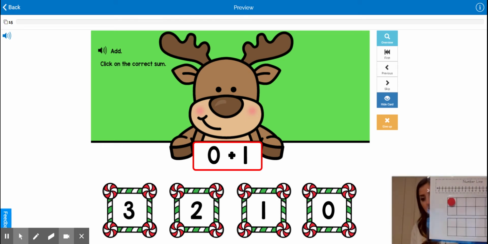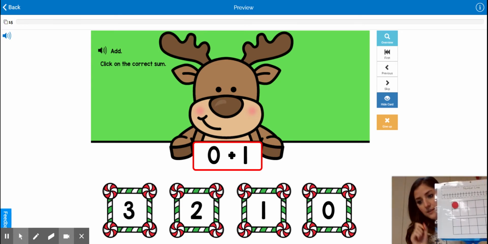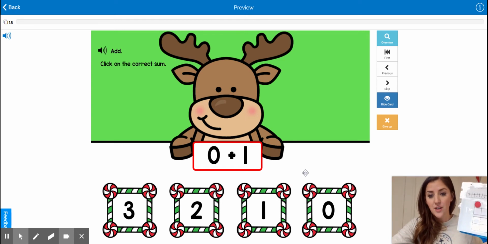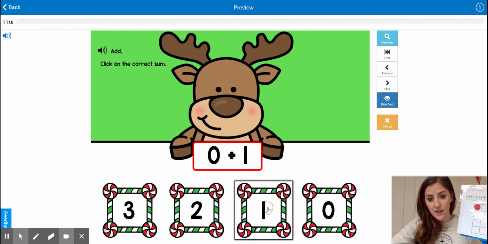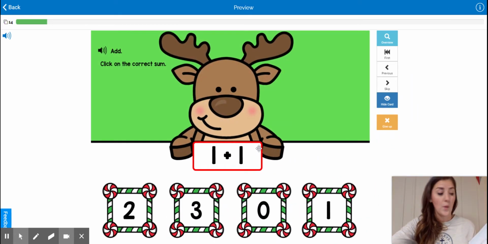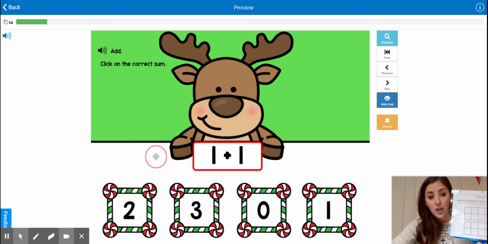How many do we have? Well, let's count. 1. That's it. We just have 1. So I'm going to come down here and click right here on 1. Okay. Now our reindeer says, you have 1, and we are going to add 1 more. We could say you have 1, and we're going to put it together with 1 more.